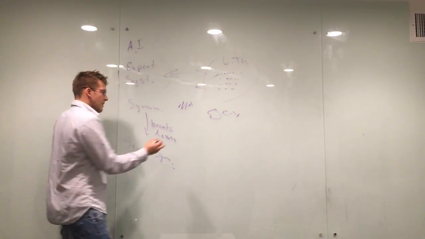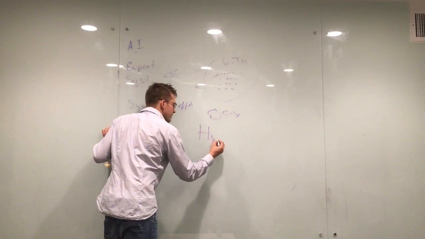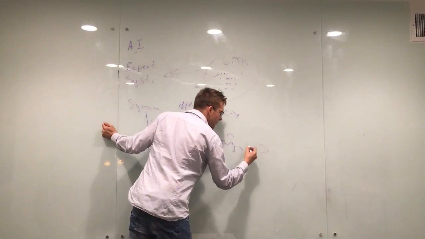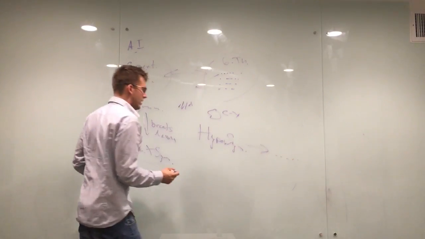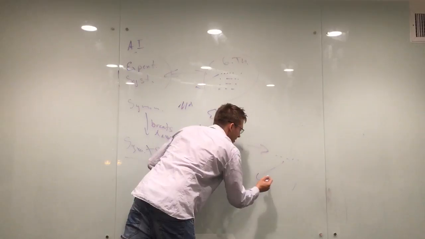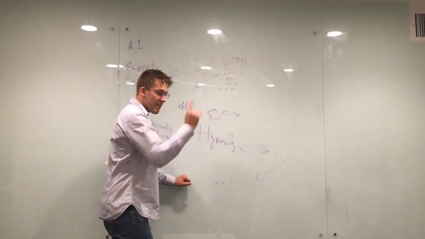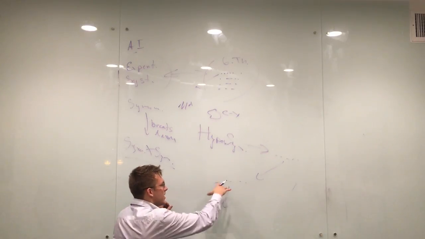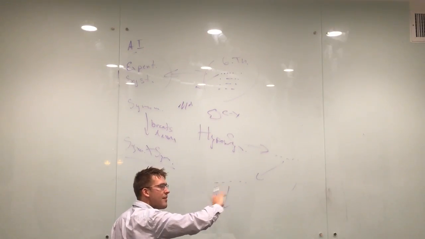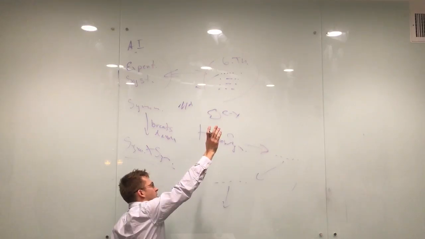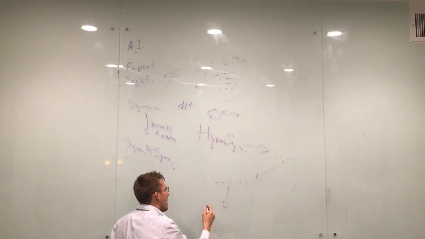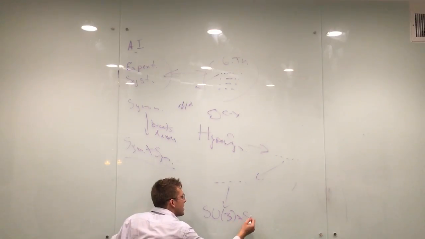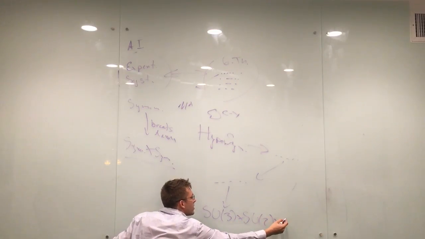But I think there's something like a hypersymmetry that breaks down into a smaller symmetry, and maybe then again into a smaller symmetry, and eventually even more. Maybe somewhere in this process gravity breaks out, and ultimately what we have here is SO3 times SU2 times U1.